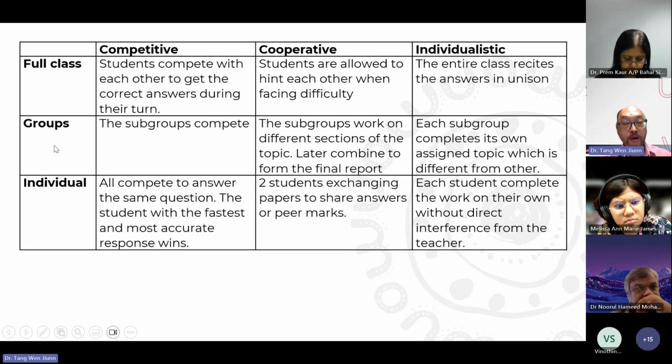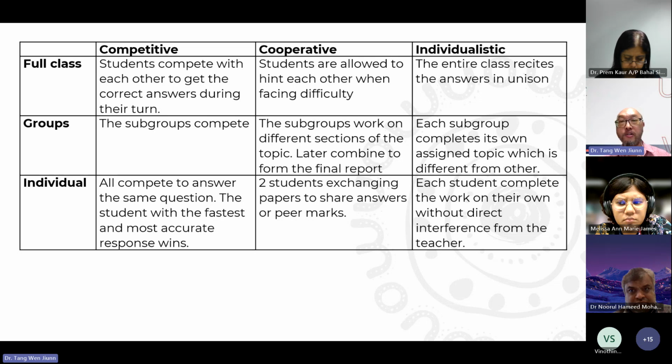Then we have groups. We have group work. We can make them competitive as well. We give out one assignment, so everyone will come up with the best answer, but in groups. Or if we make it a cooperative group, it can be something like, for example, the assignment for that day is about coming up with ideas about pollution.